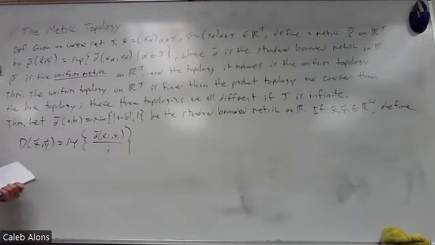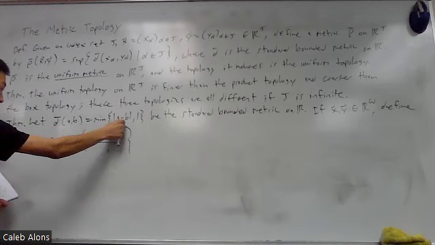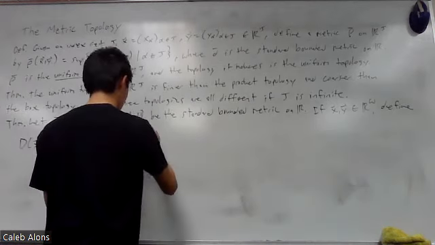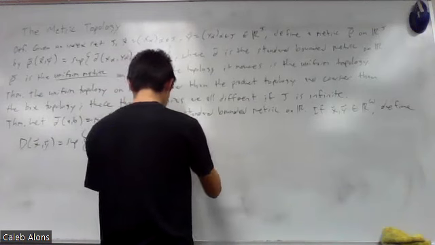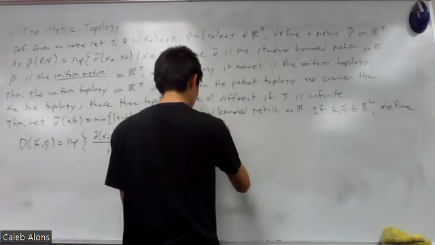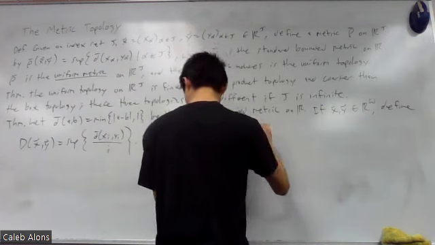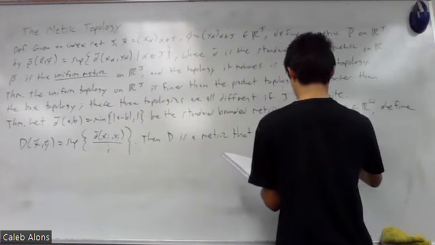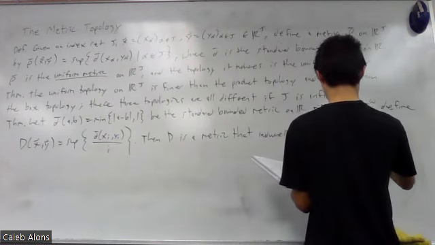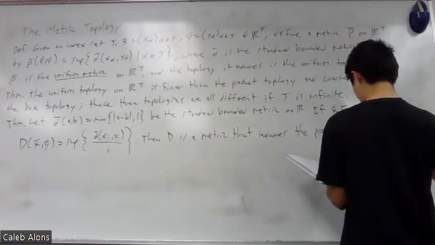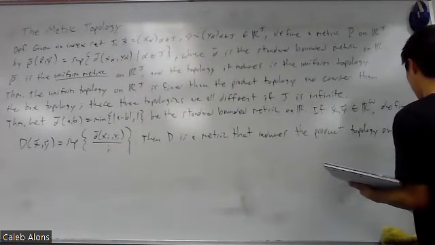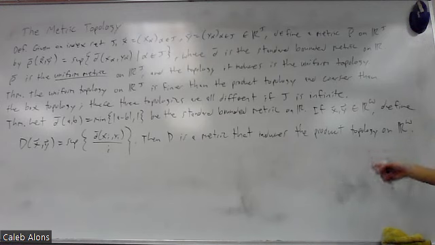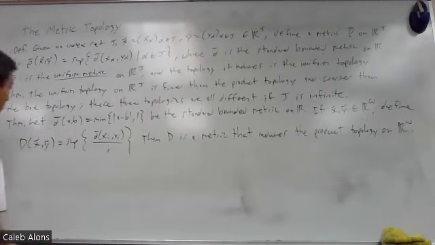So the least upper bound for all of the components. Then D is a metric that induces the product topology on R^omega. Okay, so this is treating the infinite case where this will be different than the box topology.